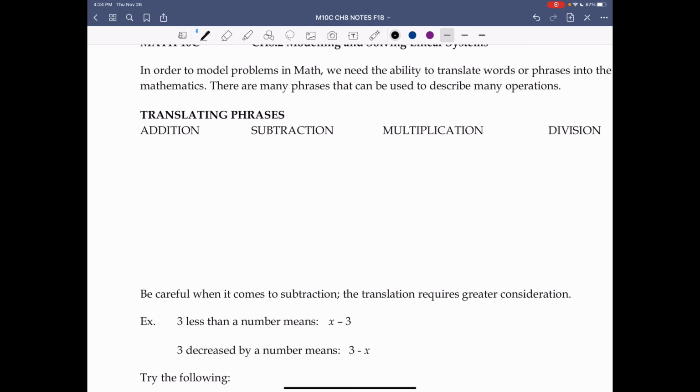Think of some words or phrases that mean addition. First one you might think of is plus. Also, sum. Another one would be together. Added to.